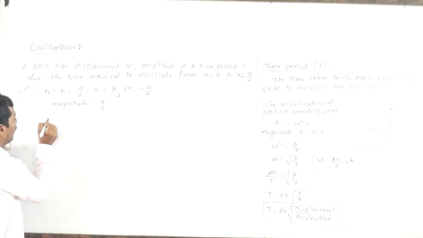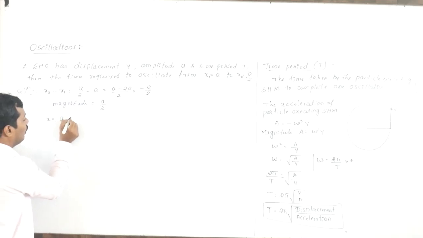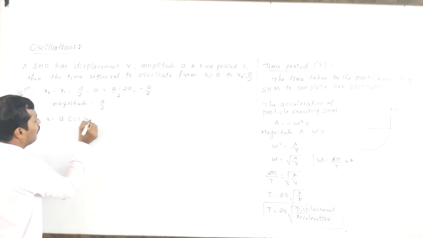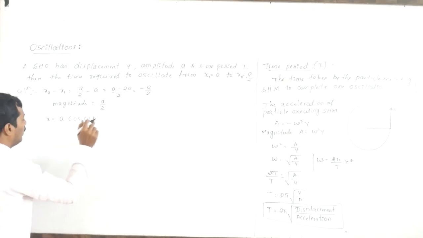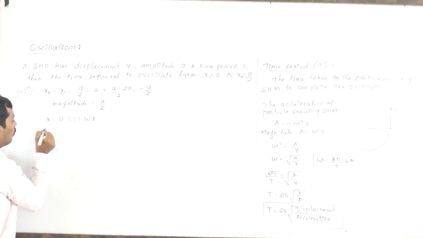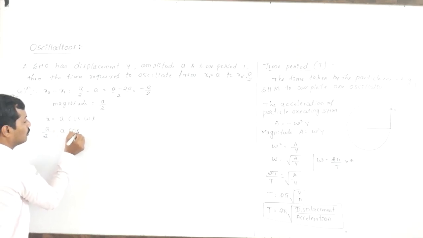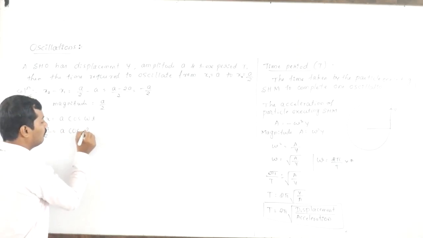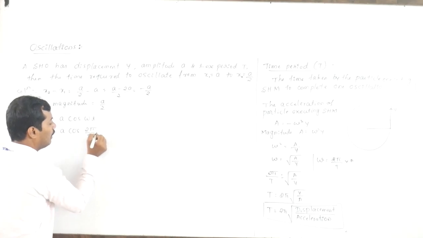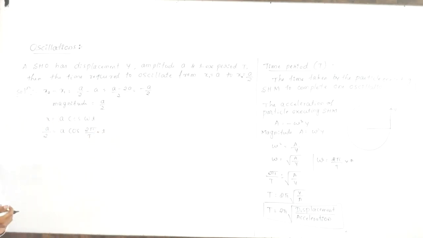Our equation is x equals A cos of omega t. We have to find t here. x becomes A by 2. Then cos of omega, which is 2 pi divided by T, times small t.